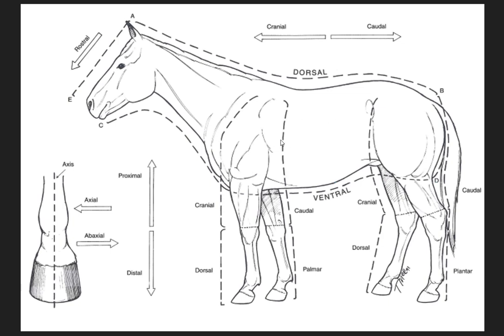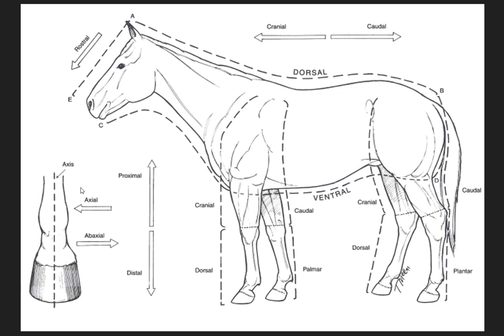For any structure that is close to the trunk, we say proximal, which means upward when the animal is standing in a normal position. On the other hand, anything that is downward or far from the trunk, for example like here, we call distal. So anything up is proximal, anything down we call distal.